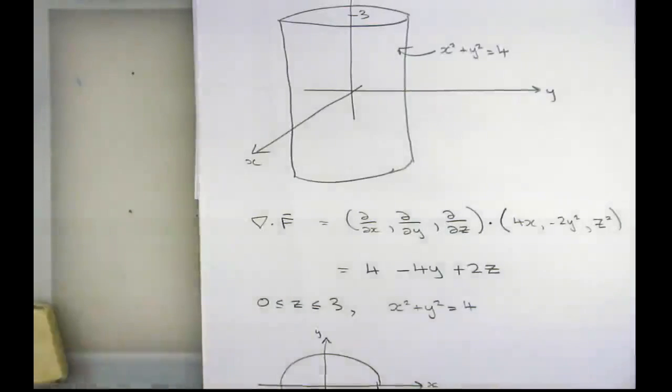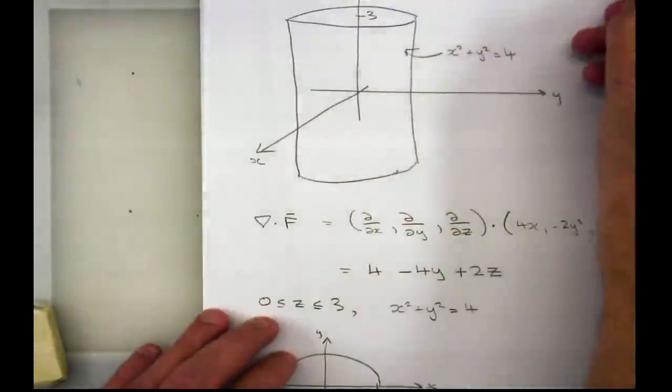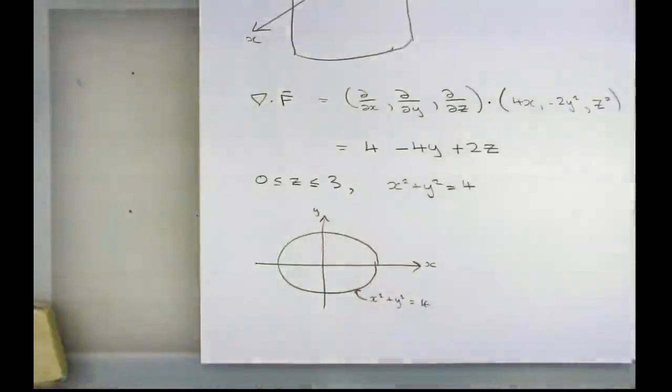I could do this two ways, couldn't I? I could say y goes from minus the square root of 4 minus x squared to plus the square root of 4 minus x squared, and x goes from minus 2 to 2, or the other way around, yeah?